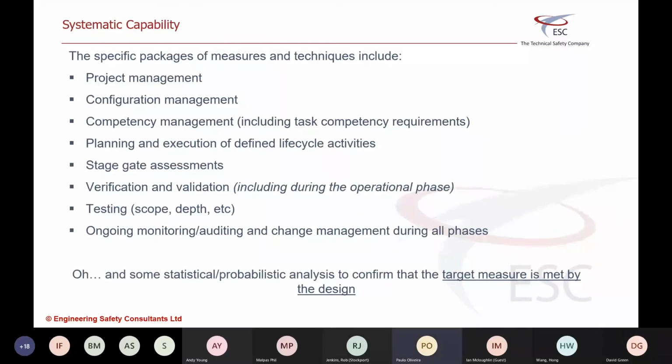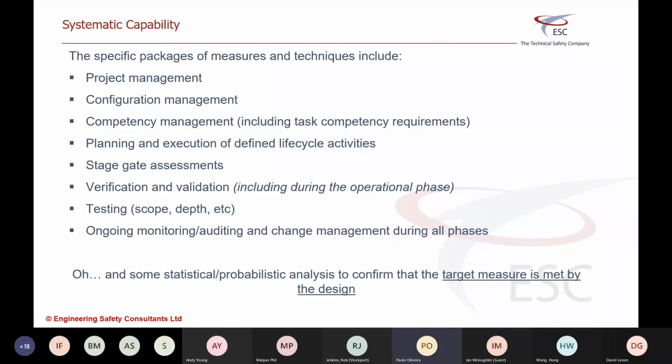So what does that really mean? What in real life does that mean? Well, it means there's a specific package of measures and techniques quoted mostly within 61508 that give you that assurance that your safety system will perform as you expect it to. These include adequate project management, adequate configuration management.